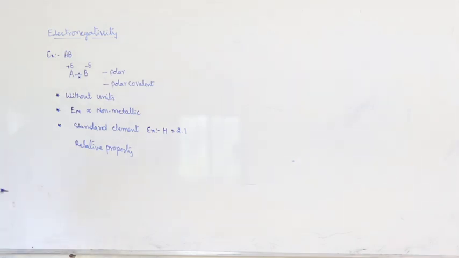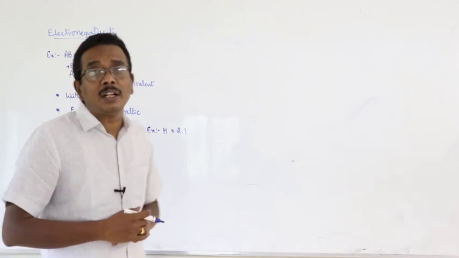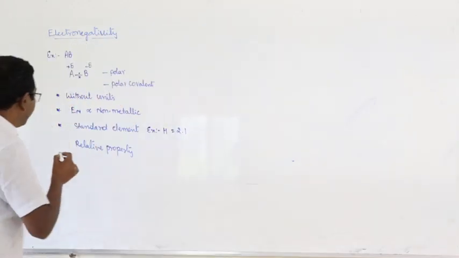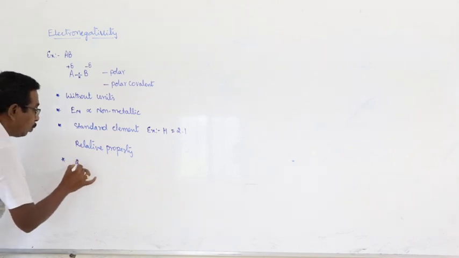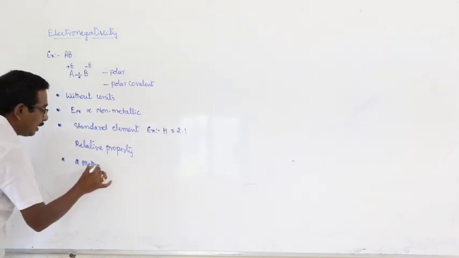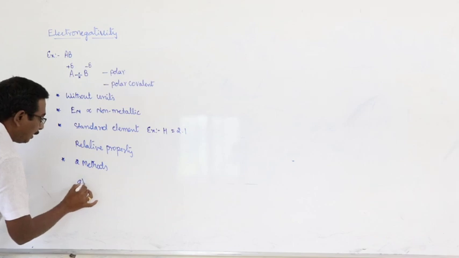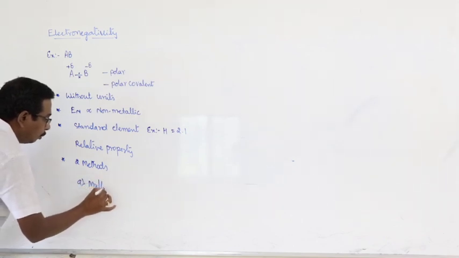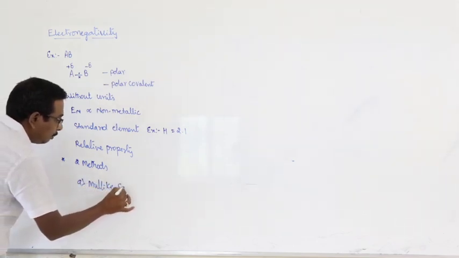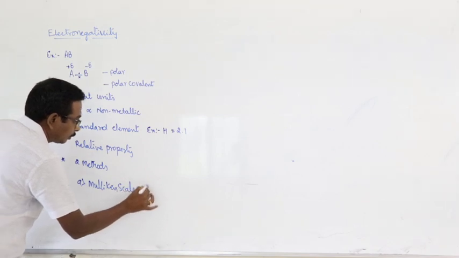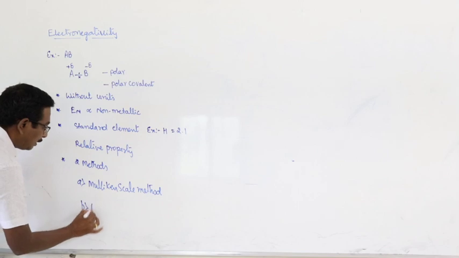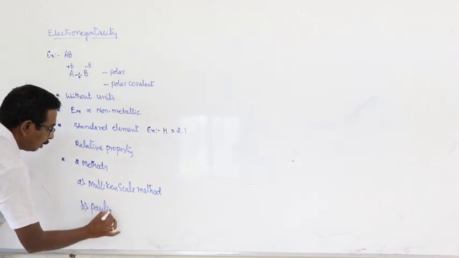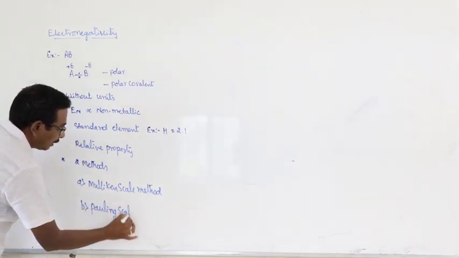And what about the calculation of electronegativity? Electronegativity can be calculated by using two methods. What are they? The first one is the Mulliken scale method, and the second one is the Pauling scale method.